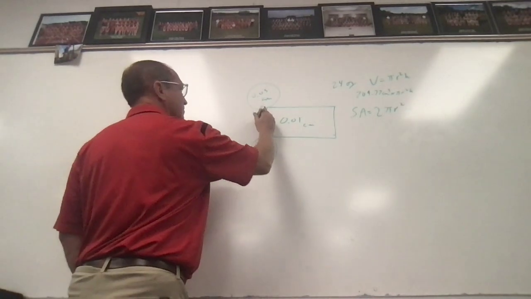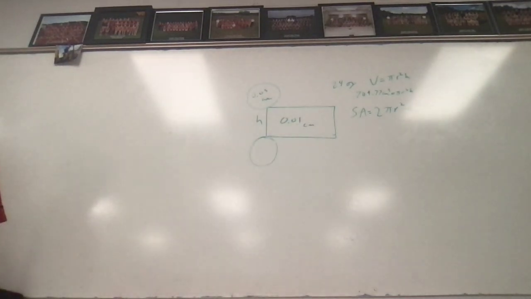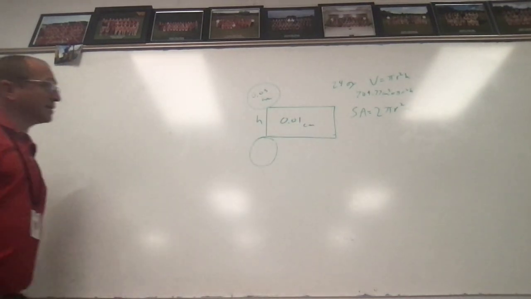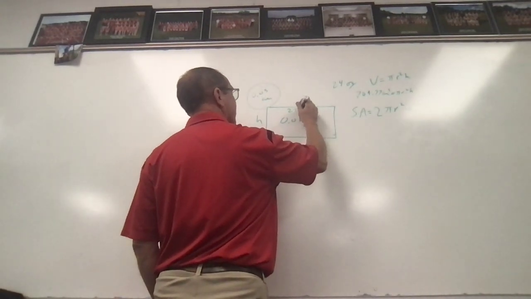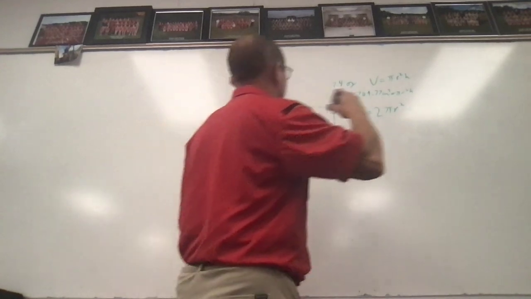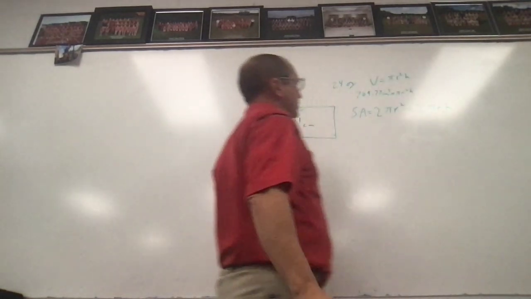This is the height. What is the length here? The circumference. It's the circumference, right? So that is 2 pi r. So I've got a 2 pi r h here.